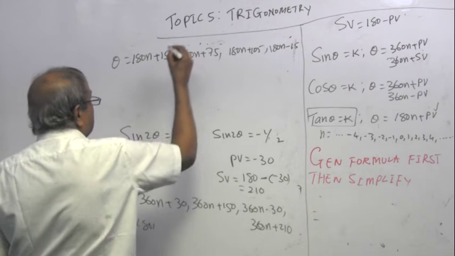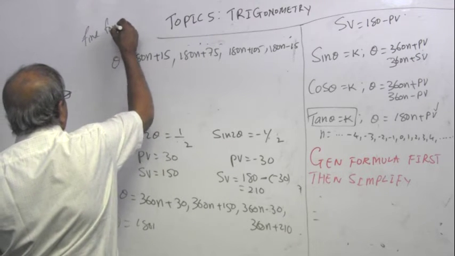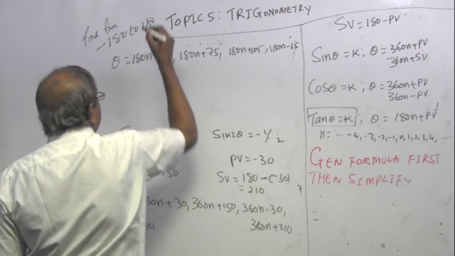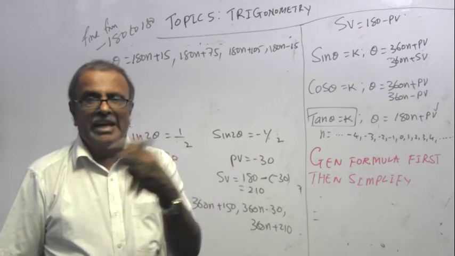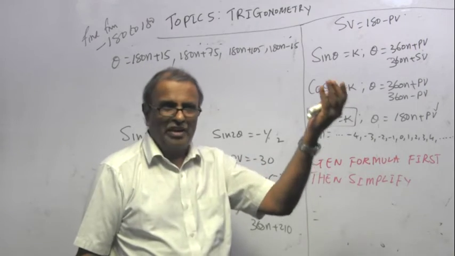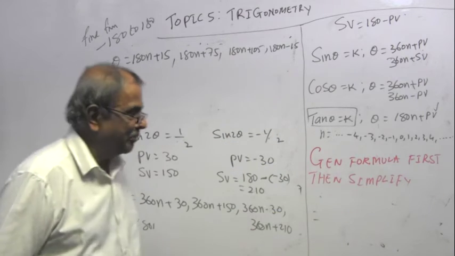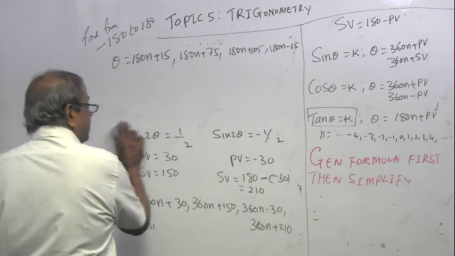Let's say for this question, I want to find answers from minus 180. Common answer generally: either they will say 0 to 90, minus 90 to 90, minus 180 to 180 or 0 to 360. Rarely they ask you from minus 360 to 360. So got that, and I've changed the question.